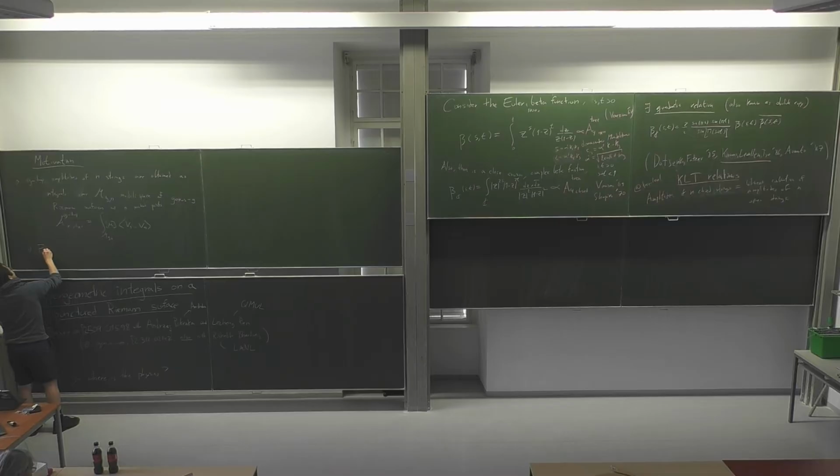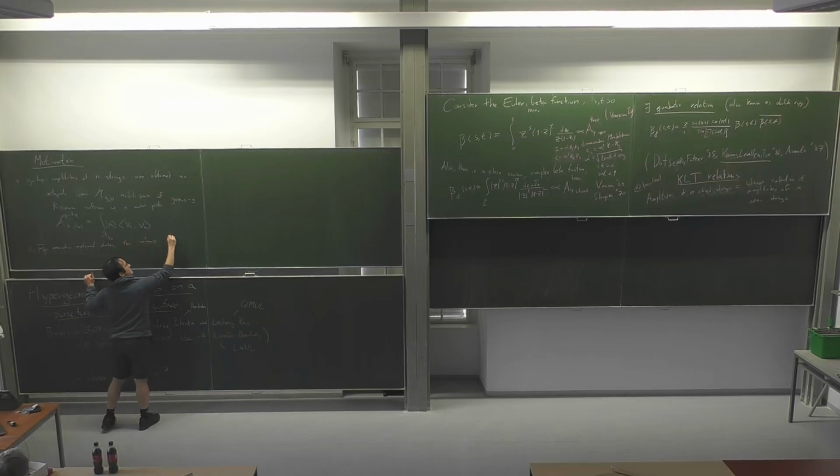For massless external states, the alpha prime to zero limit. So what happens if we take the fundamental strings and make it into a point?